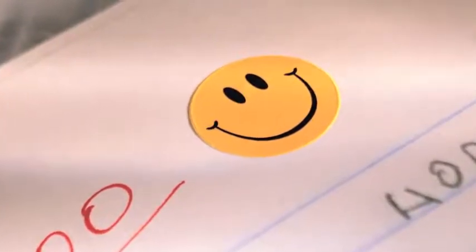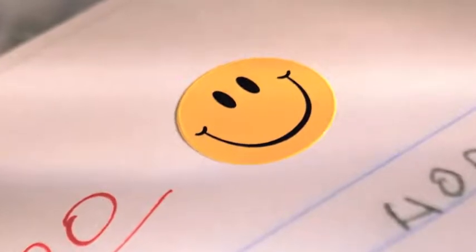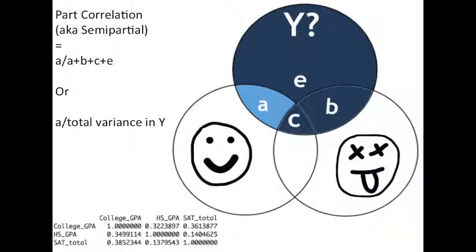I'm using this picture to represent high school GPA because you don't get stickers in college. So let's say this diagram represents that relationship. Y is our college GPA variable, and then the smiley face is the variable that we're really interested in the prediction power of, the SAT scores, and then the yucky face X is our nuisance variable, which is in this case high school GPA.